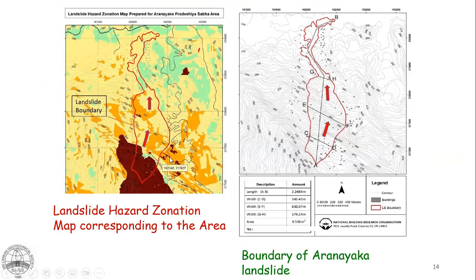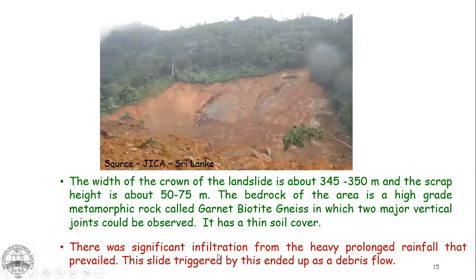So getting into further details of this Aranayaka landslide. So this is the initiation area. So that is the flow path. The debris are flowing into areas of low initial landslide risk as seen here. The width of the crown of the landslide is about 345 to 350 meters, and the scarp height is about 50 to 75 meters.